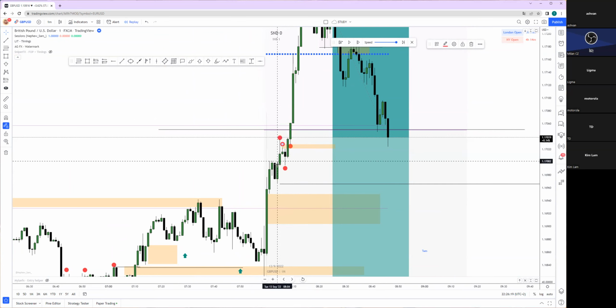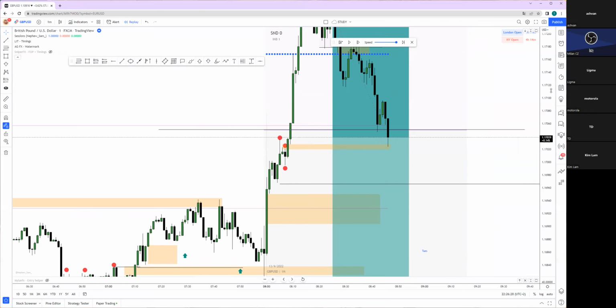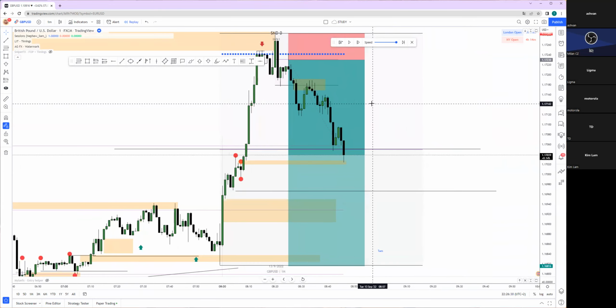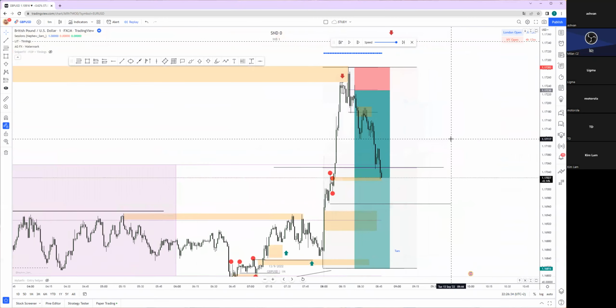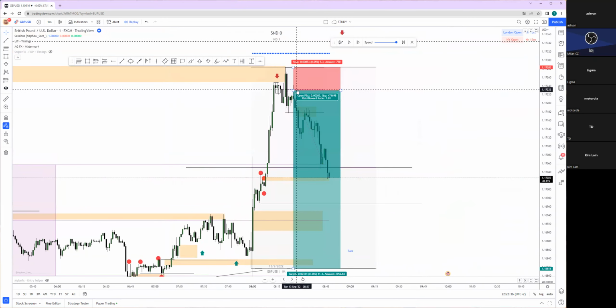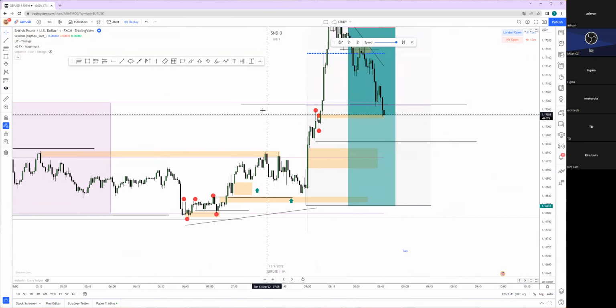Let's go. Sell the buy, sell the buy. Yeah, like here. So there's imbalance right here, and price might react from it as well. So we put our stop loss at break even, but now you see price is building up as well on buy side.